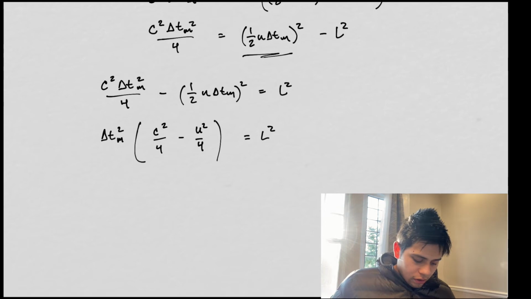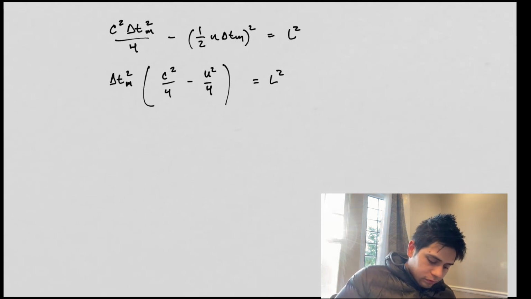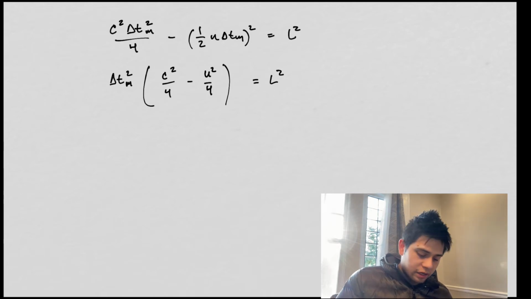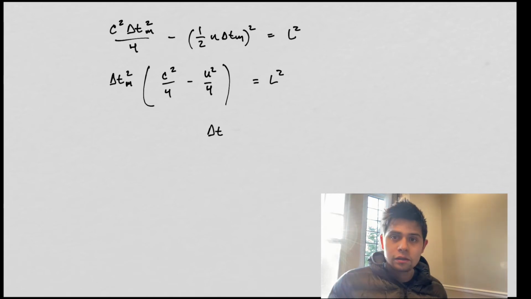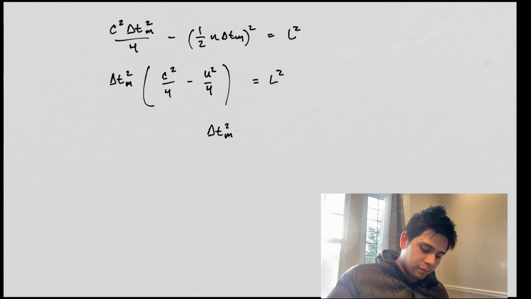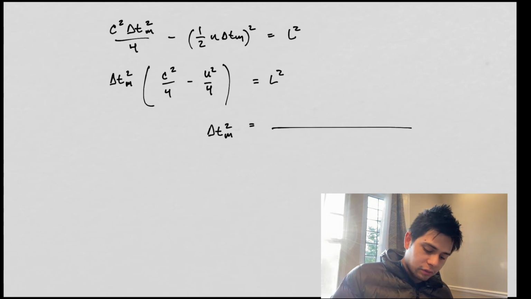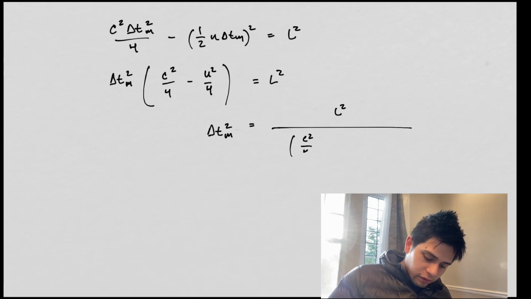Right, so now we can multiply or divide both sides by this right here. So if we divide both sides by that, then we've officially isolated Tm squared. That's going to equal L squared over c squared over 4 minus u squared over 4.